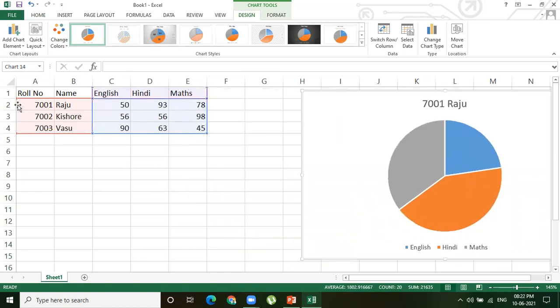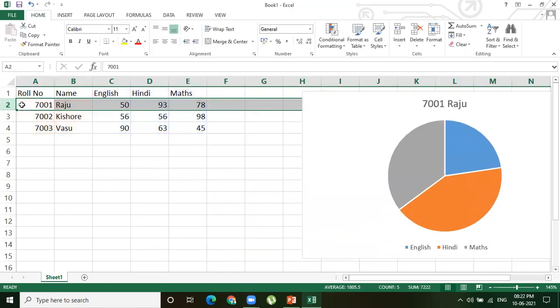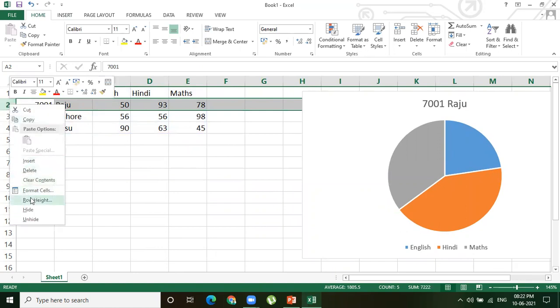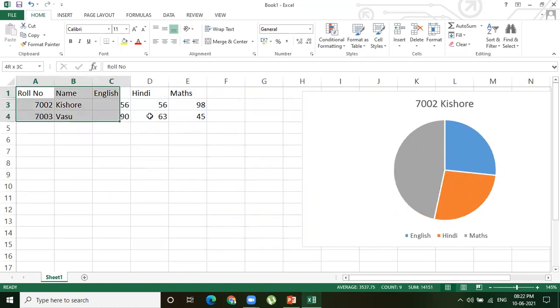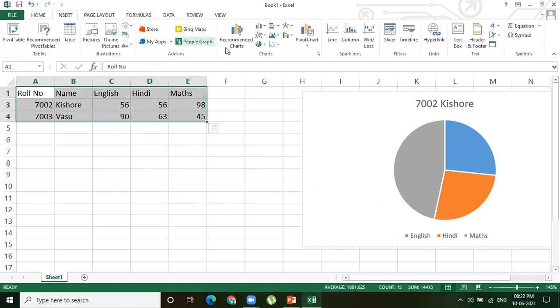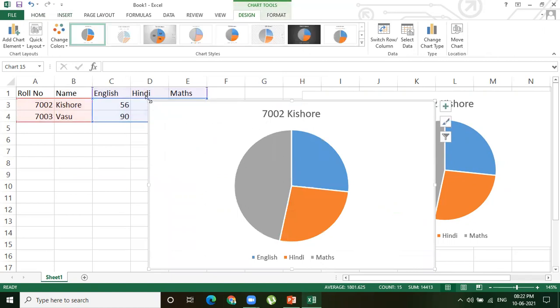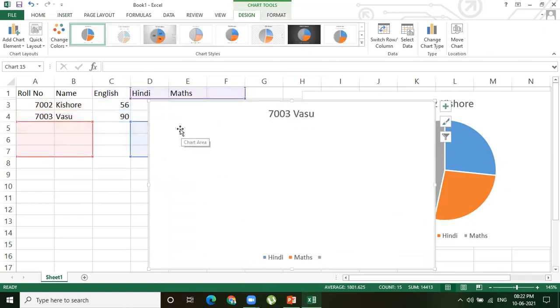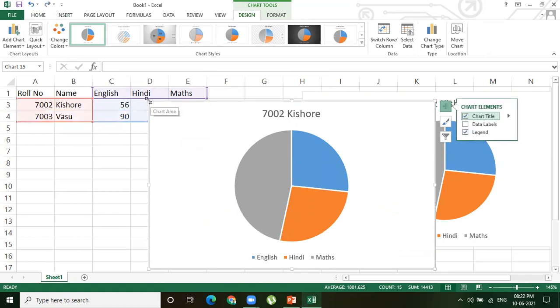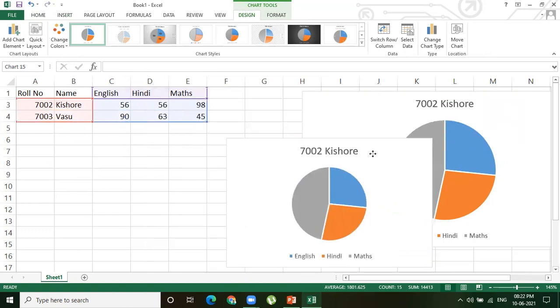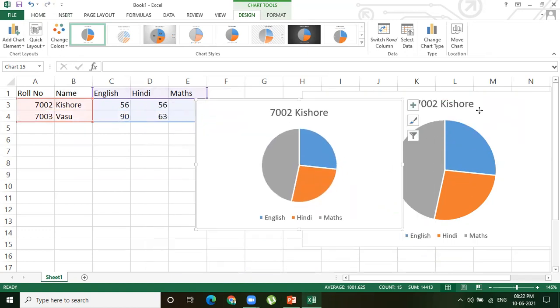So now you can hide the student Raju and you can select and again insert pie chart. You can see it is inserted for Kishore, right?